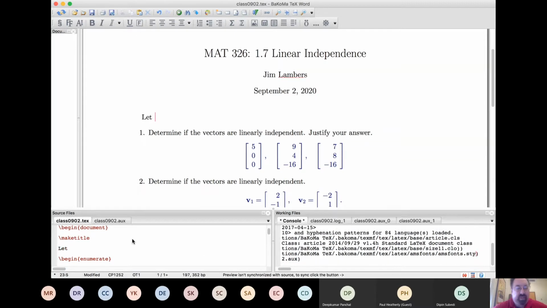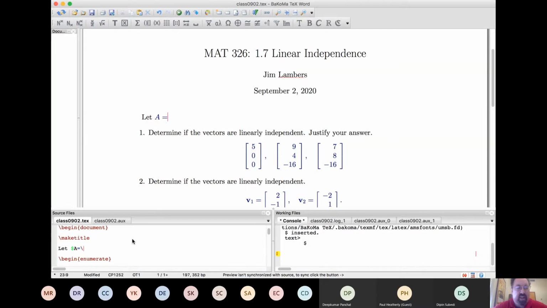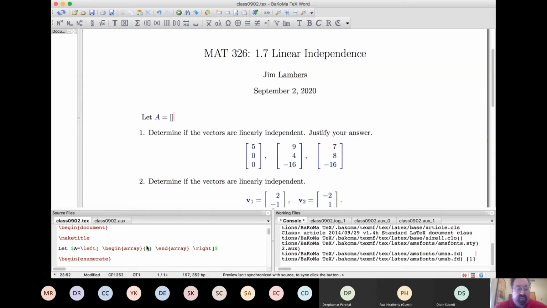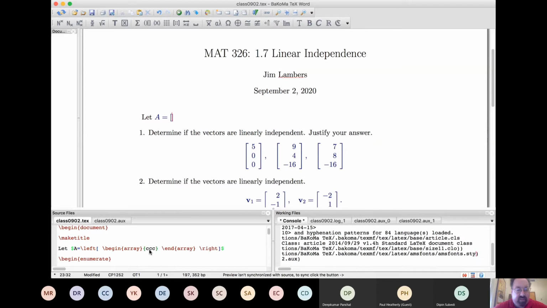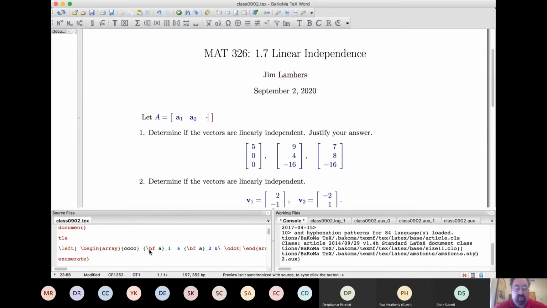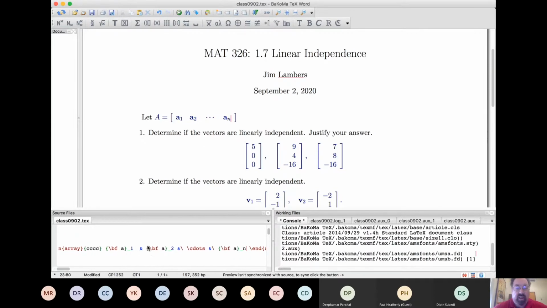So let's suppose we have a matrix A that has certain vectors as columns. I'll call those A1, A2, through An.